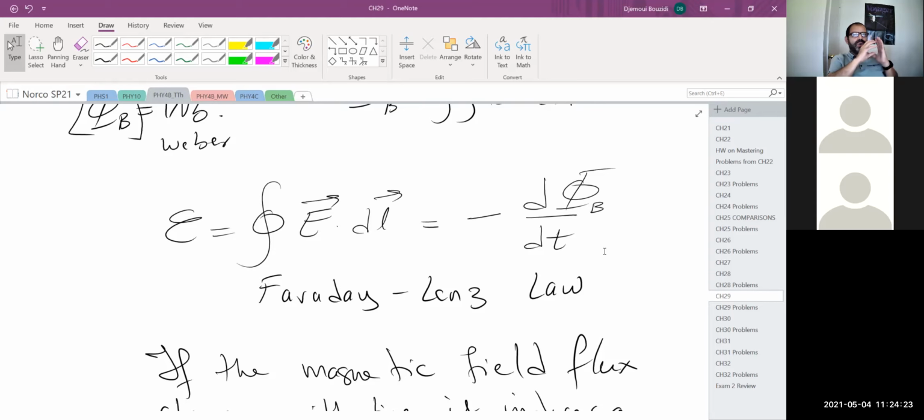That current needs to flow in such a way to compensate for the changing field lines. So if they're increasing in one direction, you need to make them increasing in the opposite direction. If they're decreasing in that direction, you'd want to increase them in that direction. So that is really usually where the headache is, trying to find where the sign is.